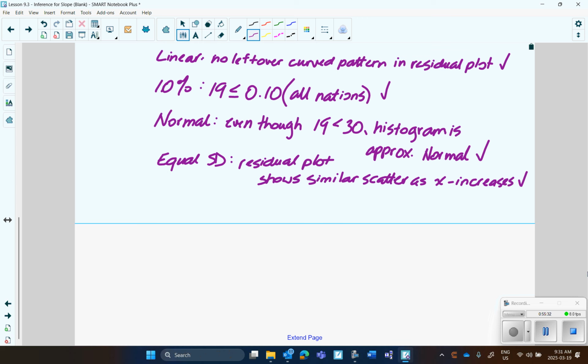Next. Random: the nations were randomly selected.